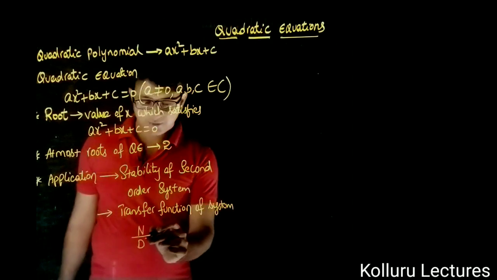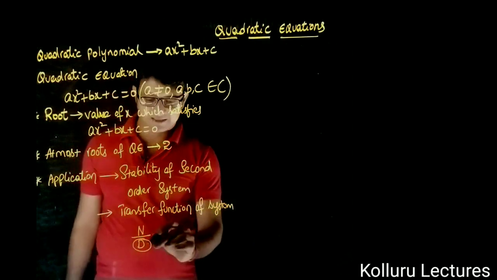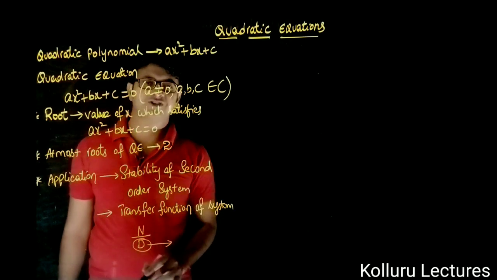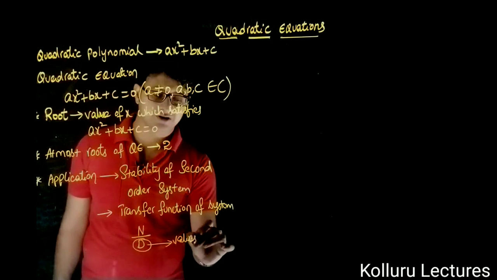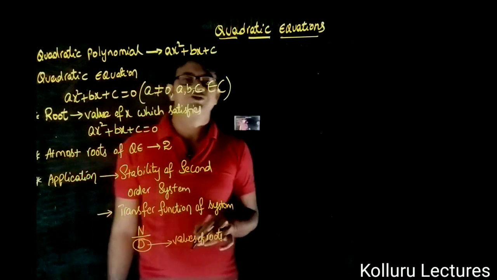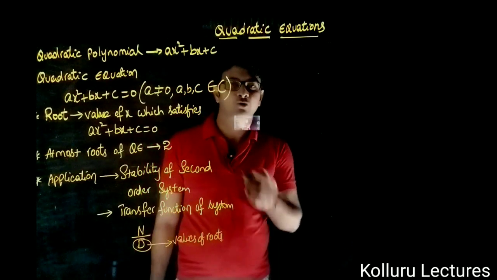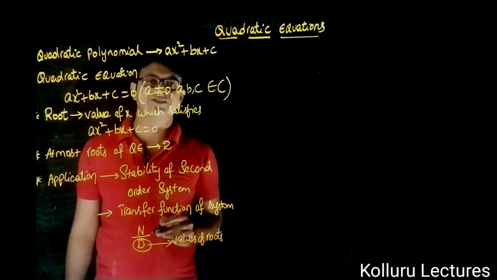Here, if the quadratic equation is in the denominator, then if we equate it to 0, we will get the values of roots. Based on the value of roots, we are going to estimate the stability of the system.